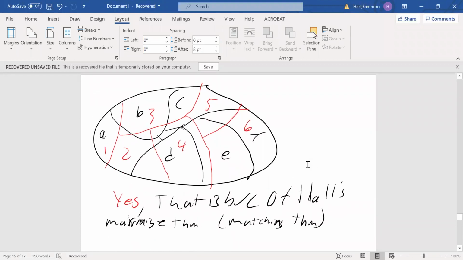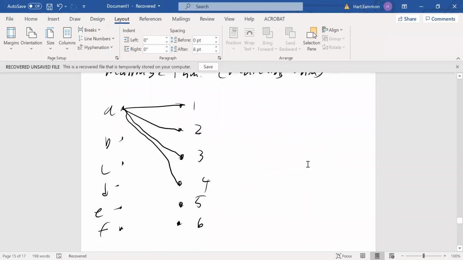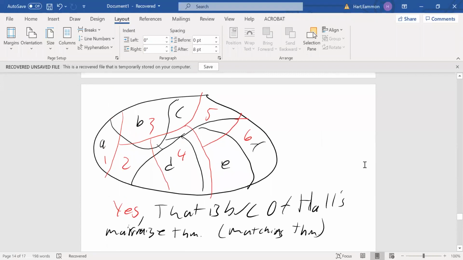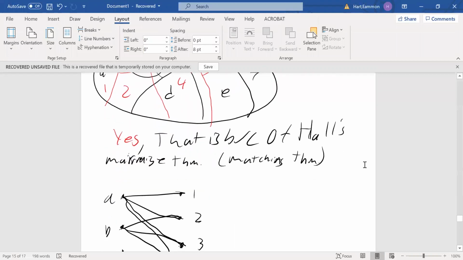B overlaps with 2, 3, and 4. C overlaps with 3, 5, and 4.